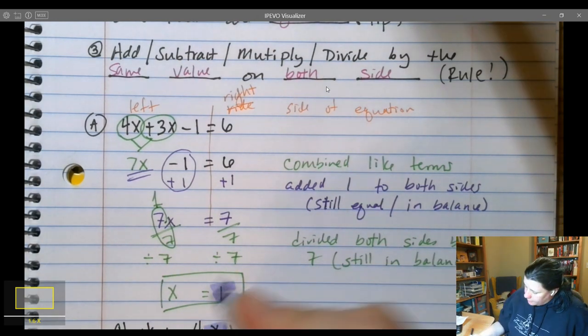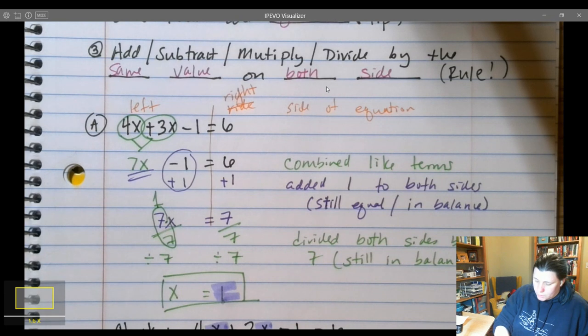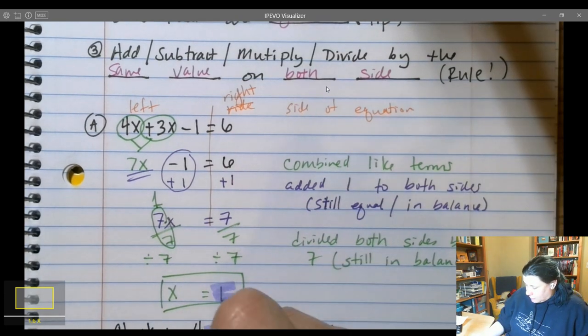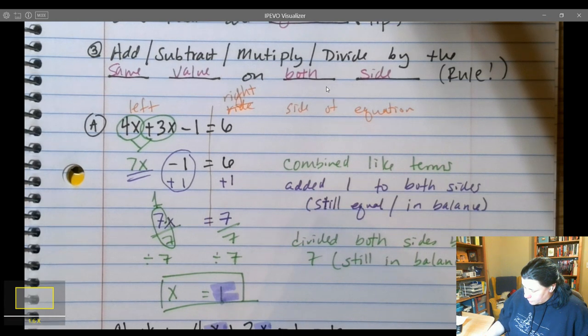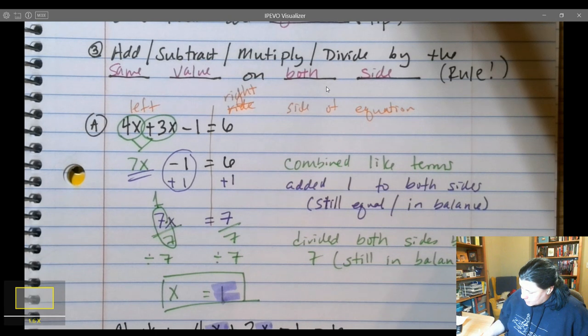So I'm going to check it. 4 times that value plus 3 times that value minus 1 should equal 6. That value is 1. 4 times 1 is 4. 3 times 1 is 3. Minus 1 equals 6. 4 plus 3 is 7. Minus 1. 6 equals 6.